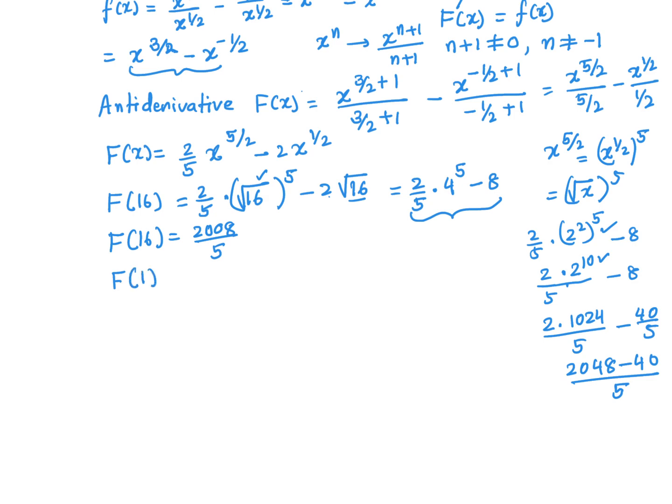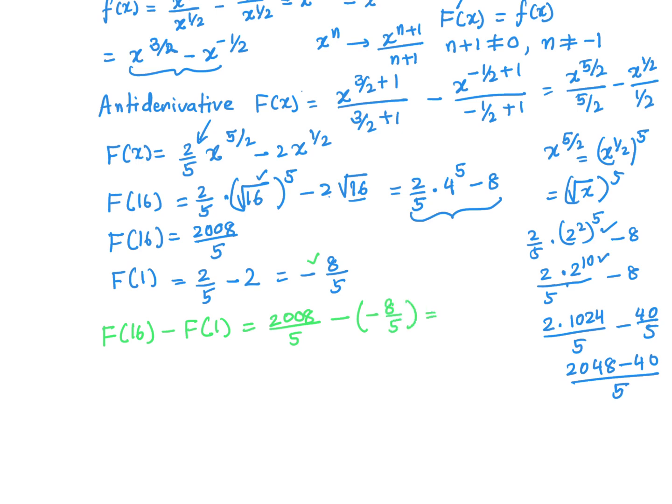Now F(1) should be pretty easy to evaluate. F(1) is just 2/5, okay? So I'm just plugging it in here, times 1, minus 2 times √1, which is 1. So that's going to give me negative 8 over 5. So my final answer should be F(16) minus F(1), which is 2008 over 5 minus, don't forget this minus, put it inside parentheses, negative 8 over 5.